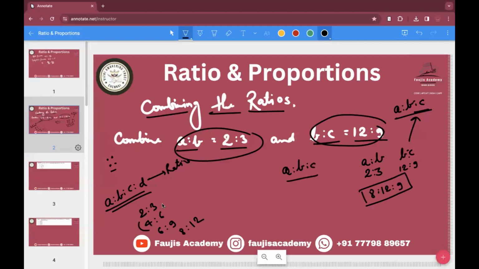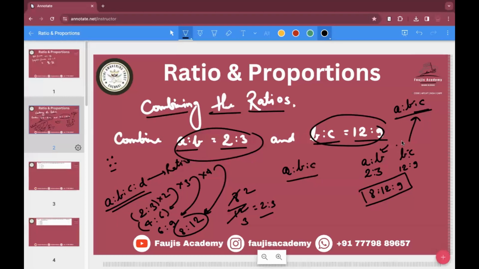Just multiply by 1, by 2, you will get this number, by 3, you will get this number, by 4, you will get this number. Right, guys? 8:12. When you simplify it, 2:3. So you will see that over here B is a common term. This is also the B is a common term, right?